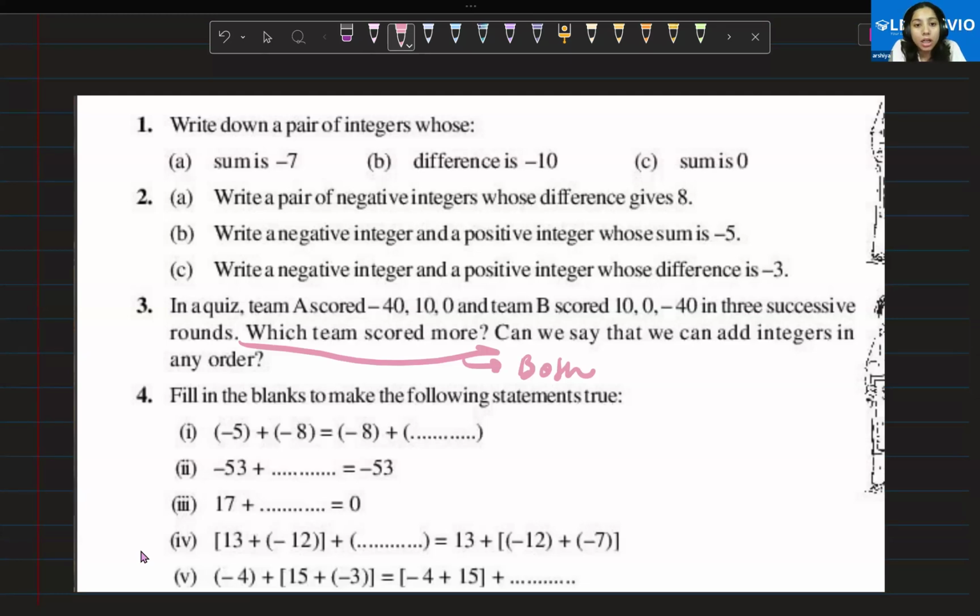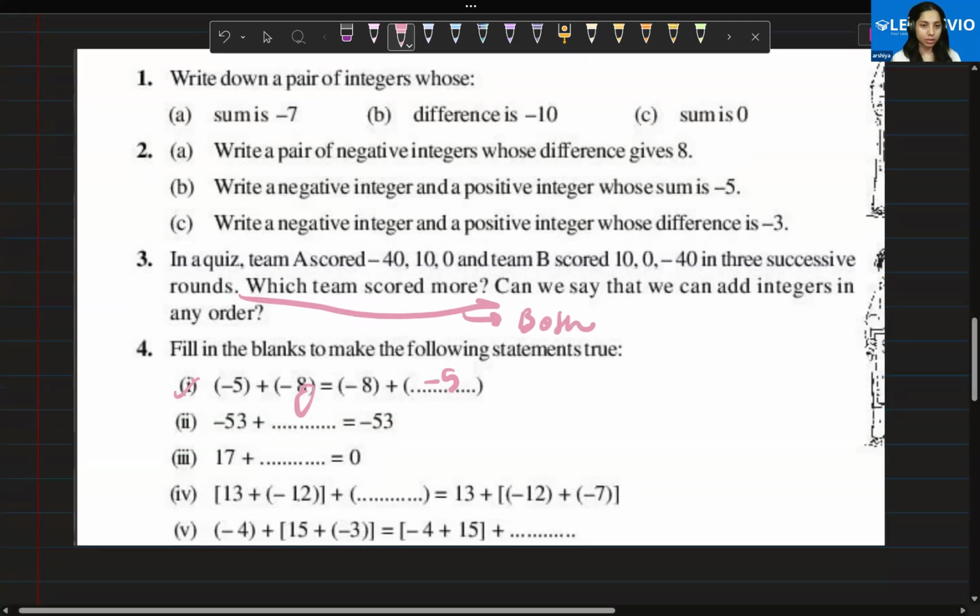Question number 4. Can you tell me the first one, Saad? Ma'am, negative 5. Yes, correct. Tasneem, second one. Ma'am, 0. Third one, Tasneem. Ma'am, third one is also 0. 17 plus 0 is 0.